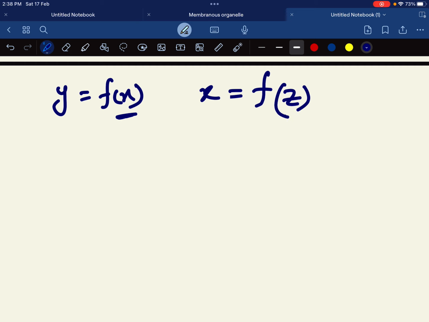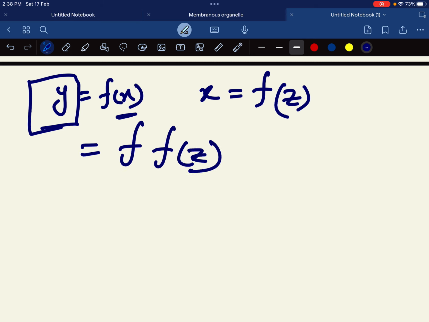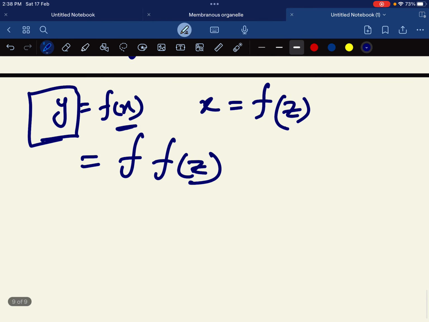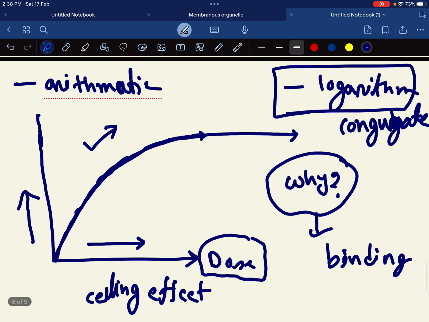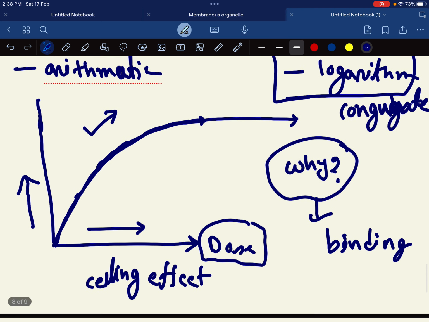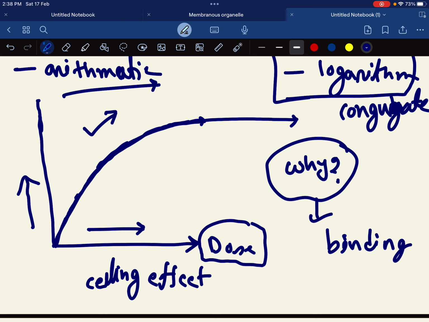Then you can plot y in this way, y equal to function of z. So the logarithmic curve is actually this. When you make the arithmetic curve, just put a logarithm in front of it.